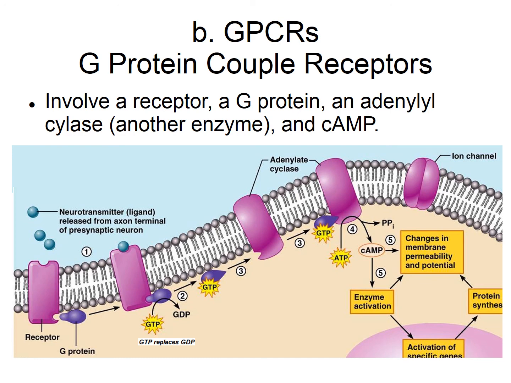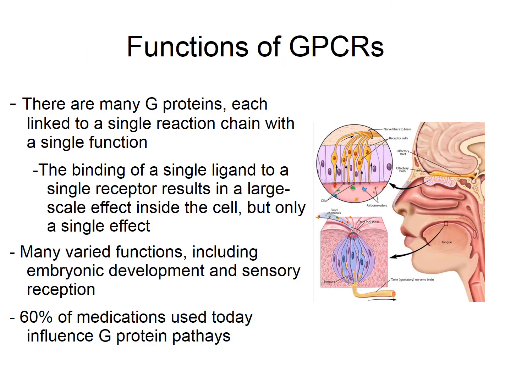Let's look at the functions of some GPCRs. All right. So a great example of where GPCRs work in your body are in the sense organs. And we're going to look at the sense of smell.